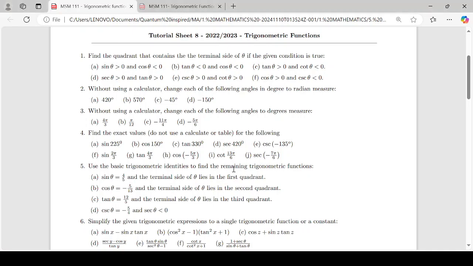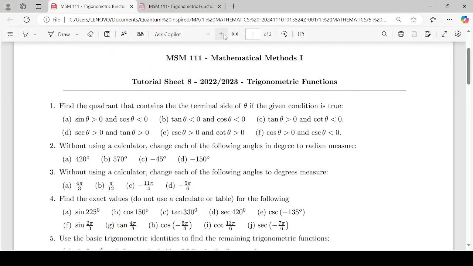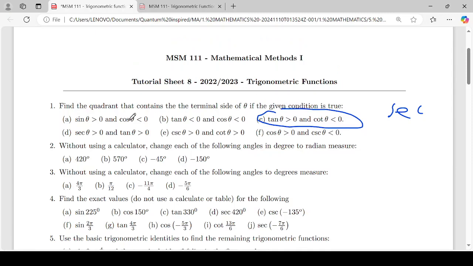So looking at the tutorial sheet, what should you be able to answer? In the next lesson, when we do these three, sec, cosec, and cot, that's when we're going to come back to these. But for these others, we managed to solve.